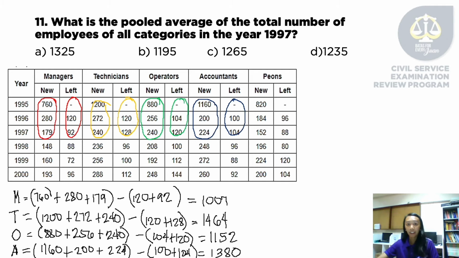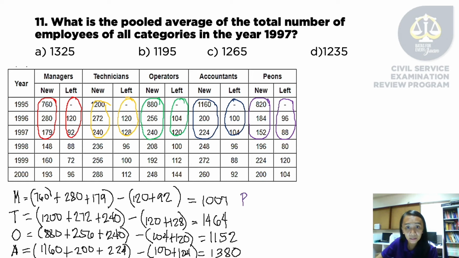1,380. And for my last one, which is the peons, ito po yung kanilang number of employees na bagong pasok. Ito naman po yung mga umalis. Ipag-subtract natin para makuha yung number of employees.